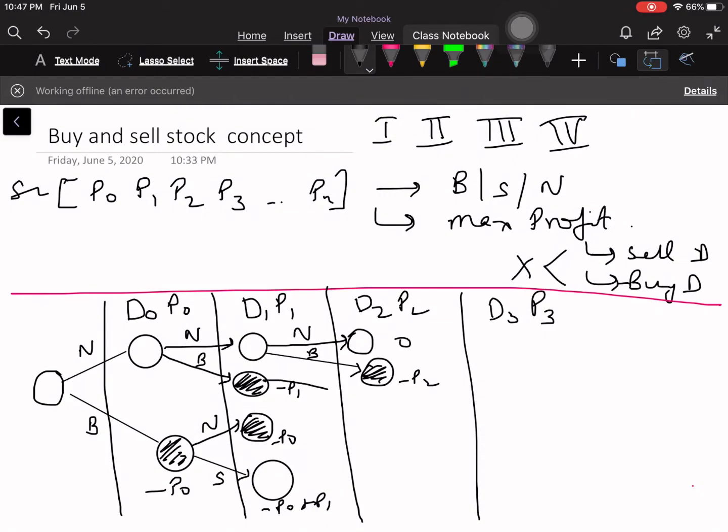In this case, we can do nothing, which is minus P1, or sell it, and it becomes minus P1 plus P2, which becomes empty.